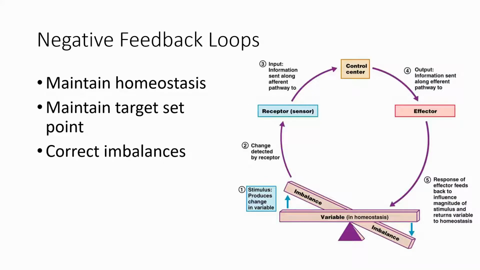So a negative feedback loop usually has some sort of set target. A negative feedback loop will keep you at that target point, and anytime you have any imbalances, it will help correct it. So what we see here is basically a diagram. You have an imbalance.